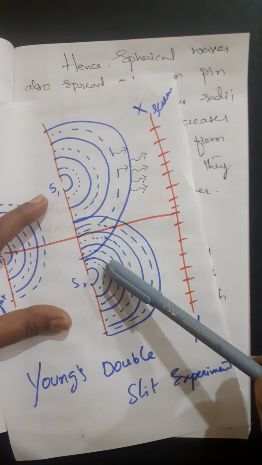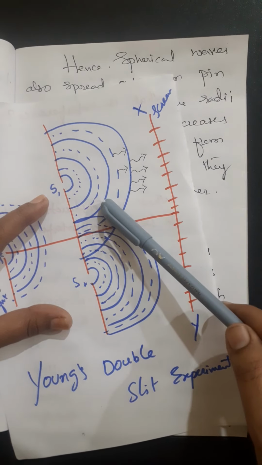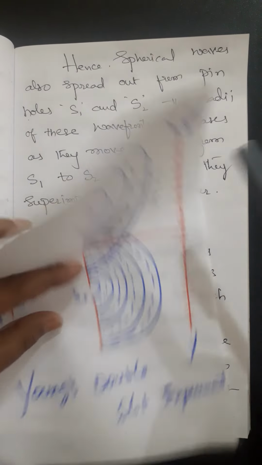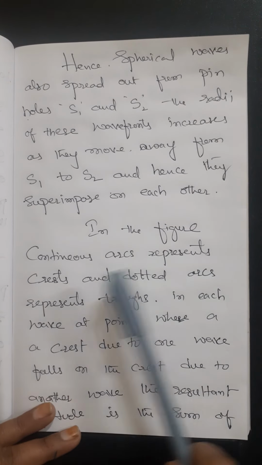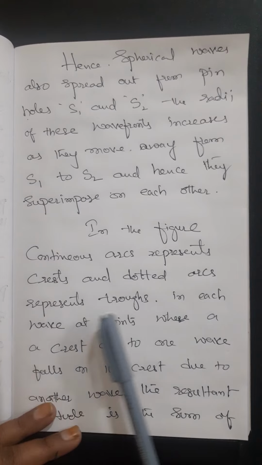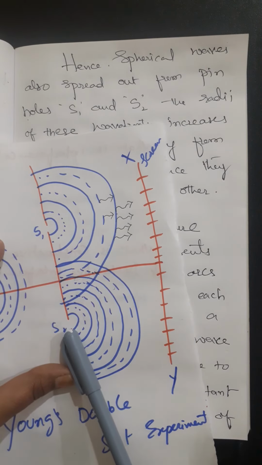Due to which these two light rays coming from S1 and S2 are superimposed on each other. Here in the figure, continuous arcs represent the crest and dotted arcs represent the trough.